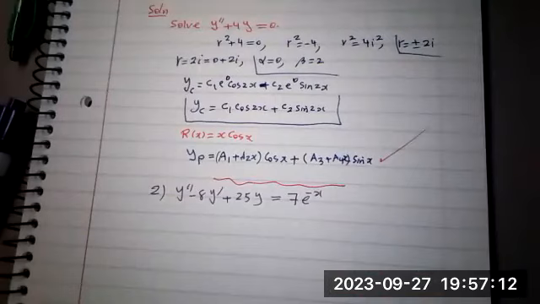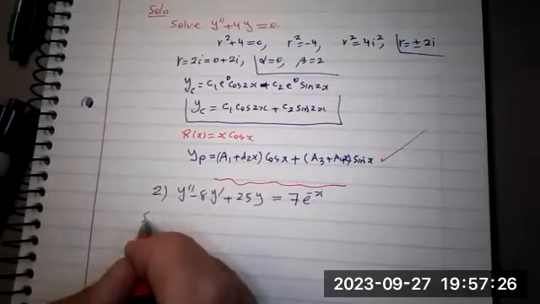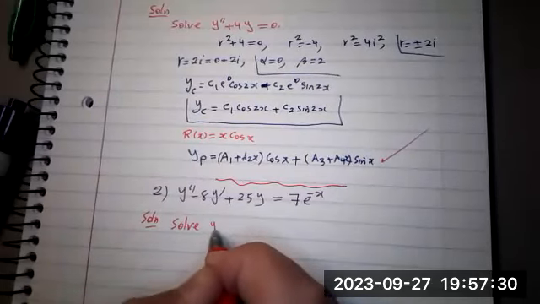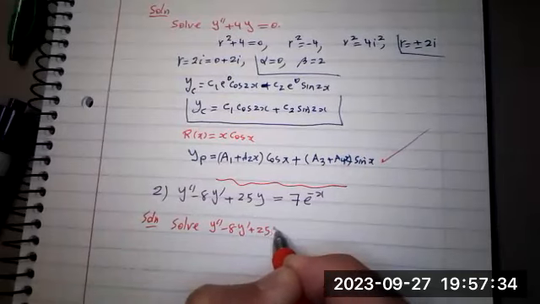First, you have to find the YC. You need the YC to see if there is any duplication. So let the right side equal 0 to get the YC first, the complementary solution.